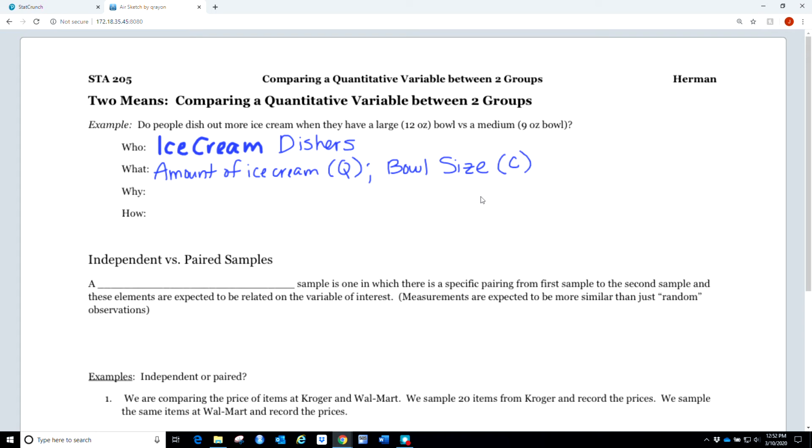Why do I want to do this? I want to see if people put more in the large bowl than the medium bowl. Sort of see if there's a psychological effect of bowl size.